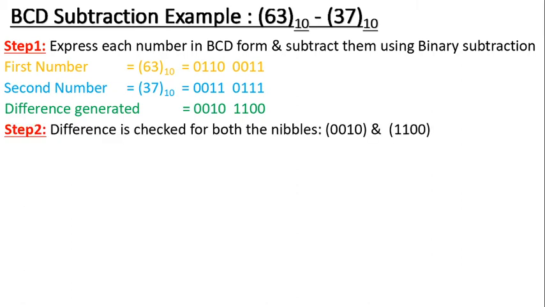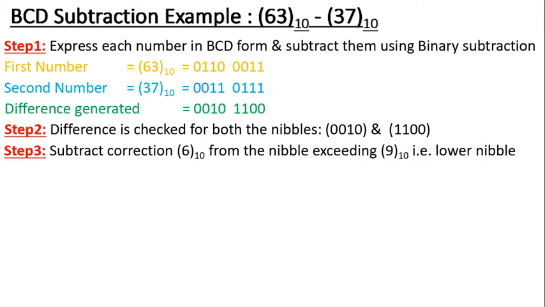Now second step, step number 2, difference is checked for both the nibbles. The difference generated in step number 1, its upper nibble is 0010, well below 9, but the lower nibble is 1100, is exceeding 9. So both the nibbles are to be checked here.